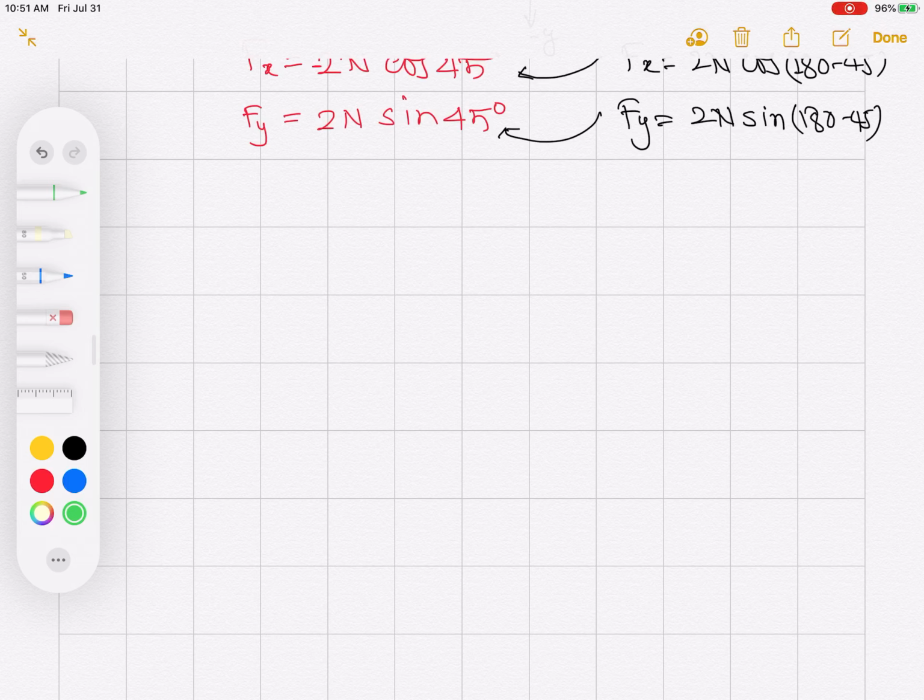Let me again draw my axis. This is again as before: this is x positive, this is negative, this is positive, this is negative. Now suppose you have a vector F which makes an angle, so you need to take care of which angle you are using.